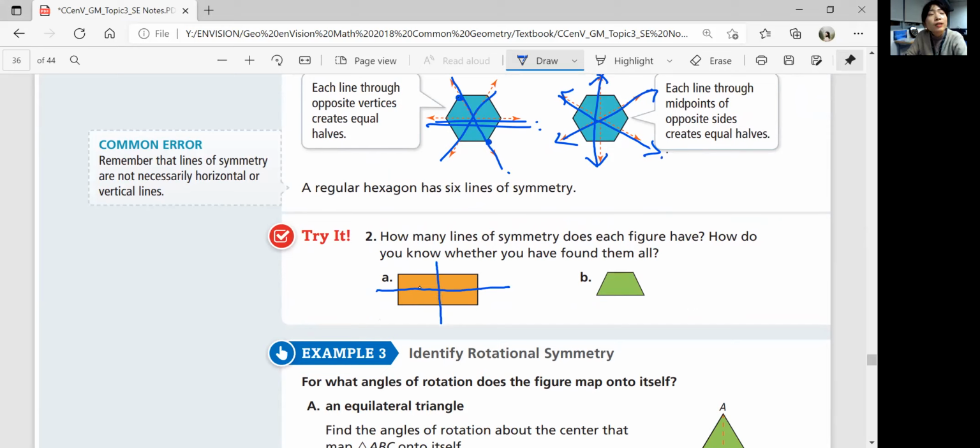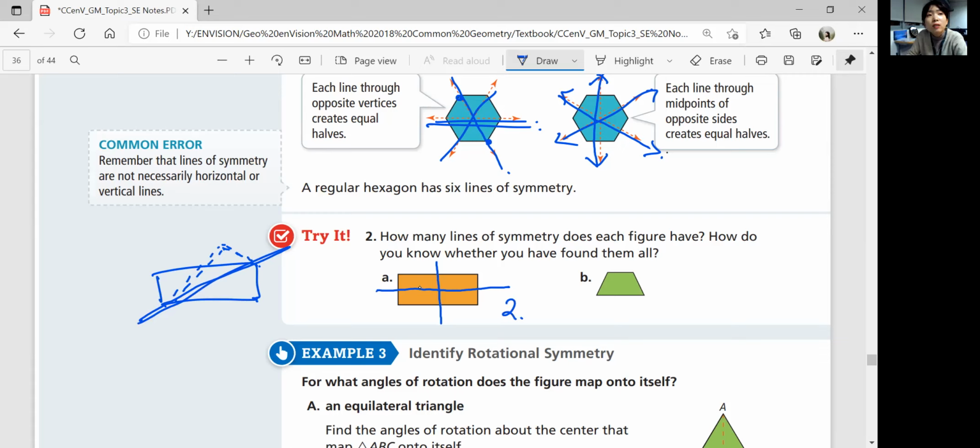Can you cut it diagonally like this? No, because if you fold it, this one maps like this. It's not going to be symmetric like that, okay? So only 2 lines of symmetry for a rectangle.